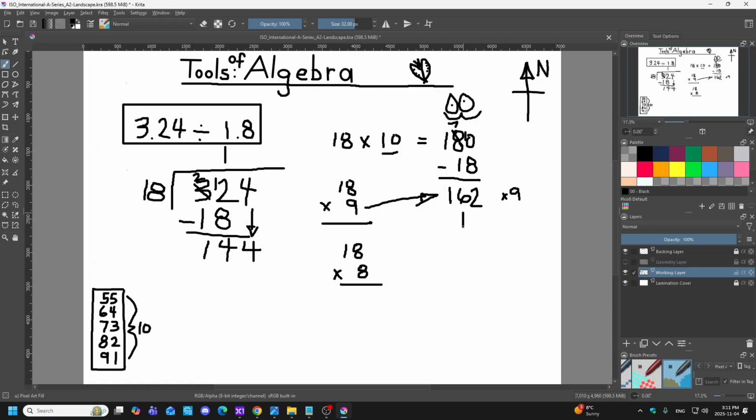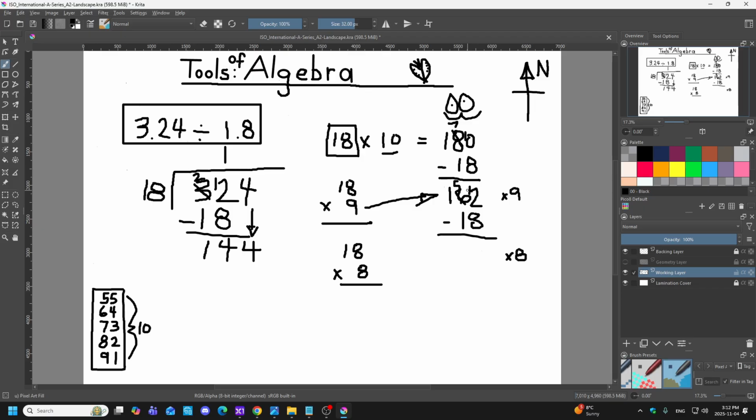All we're doing is using the same number and subtracting. This answer is going to be times 8. Borrowing, the 6 becomes a 5.